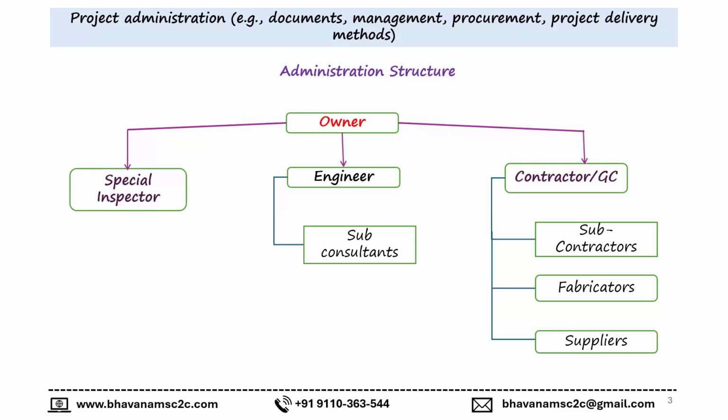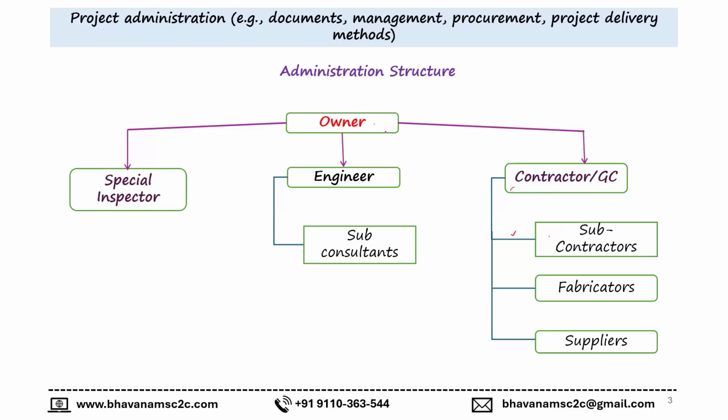So there will be certain projects where you may not require all these parties in your construction projects, but this is the general representation. And if you see here, the subcontractor is not directly liable to the owner. If a subcontractor has to discuss something, he will first go to the contractor.